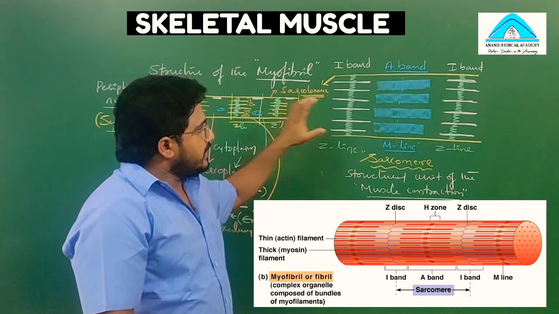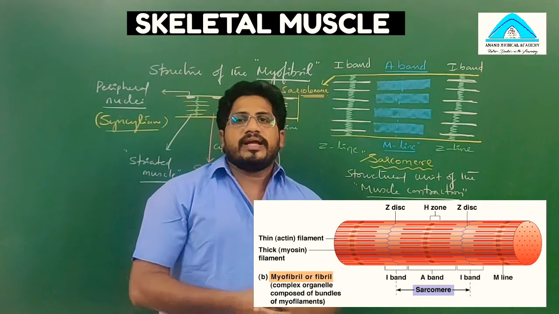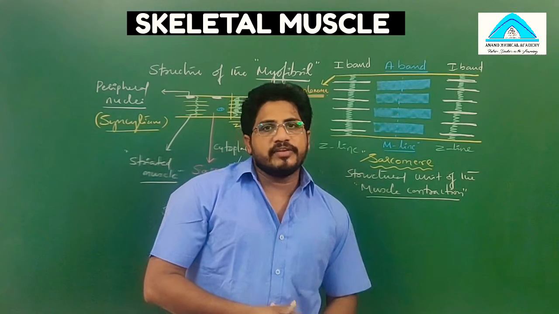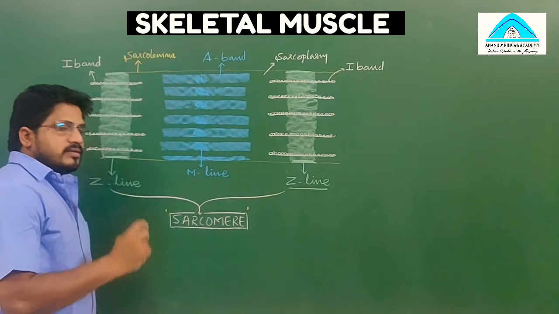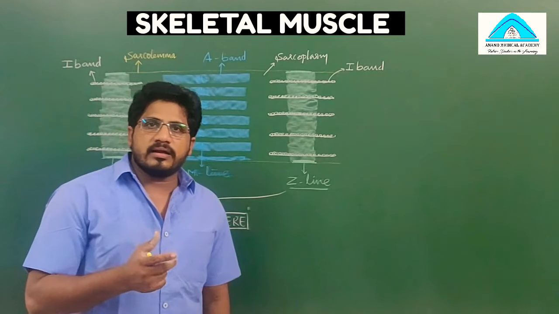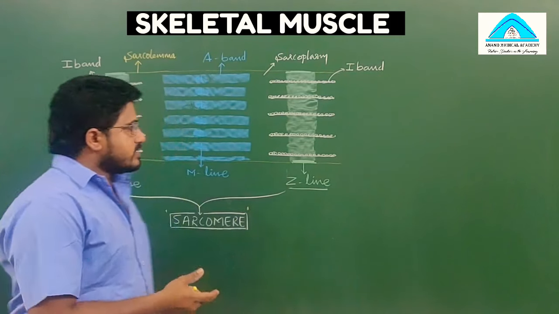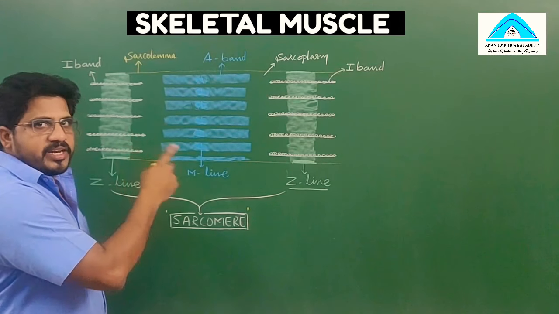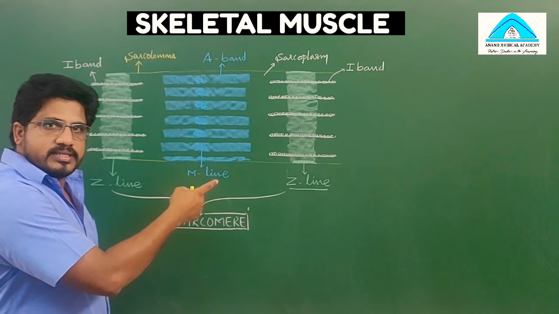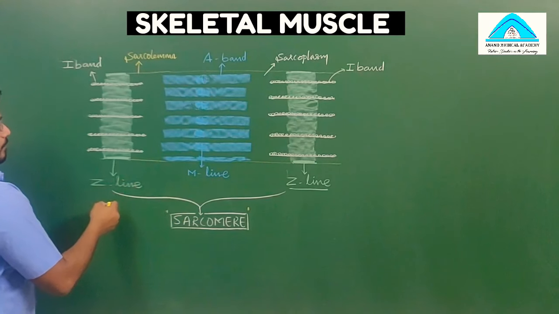Now, by taking this diagram further, I will explain every structure. When we zoom or magnify the muscle structure under an electron microscope, we can see this kind of picture. Again here you can see each and every region of the skeletal muscle or myofibril.